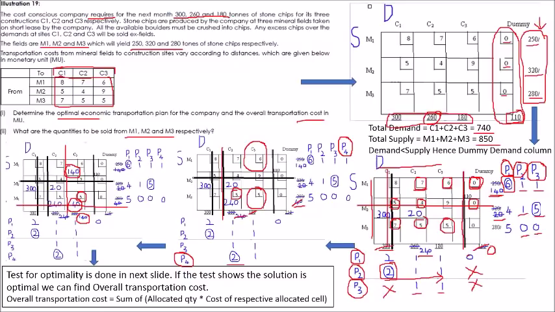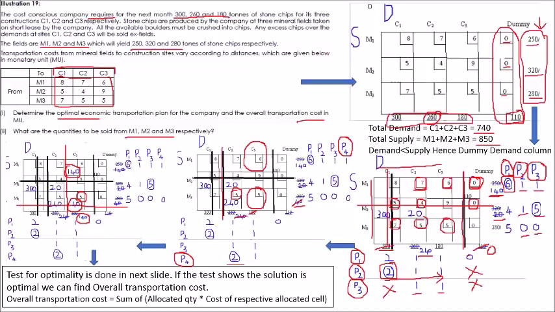So guys, we have exhausted all the rows and all the columns, which means we have allocated all the supply to all the demand. Since we balanced the problem, matching demand and supply at the beginning, everything is allocated. Now we have found a solution.